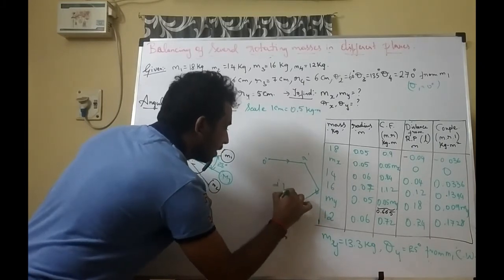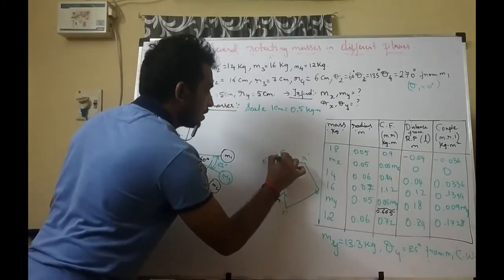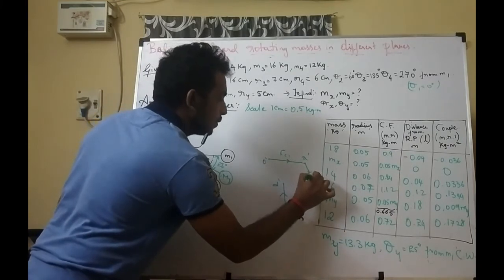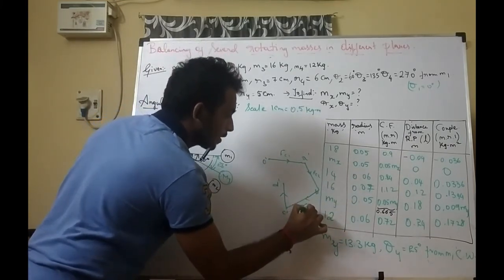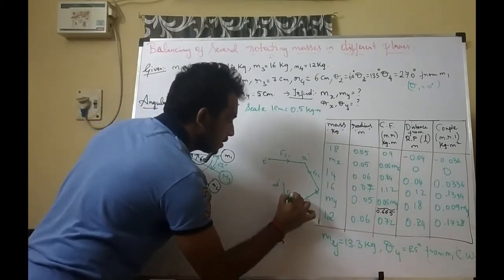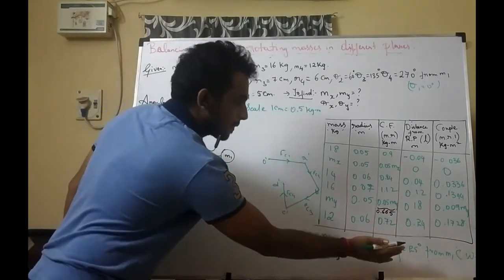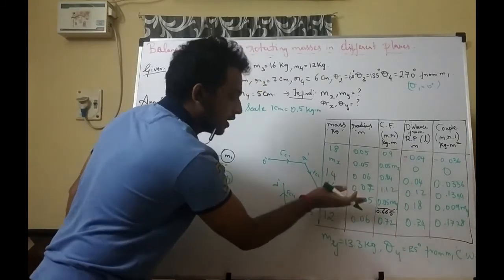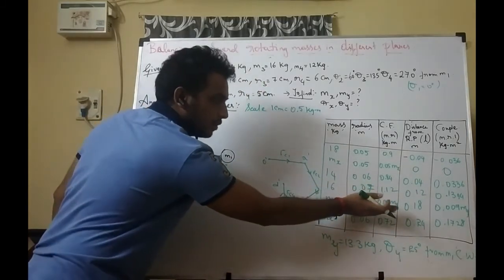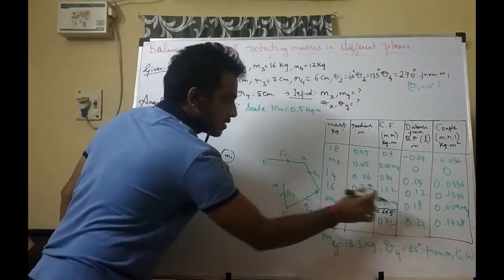For better understanding, we label these as FC1, FC2, FC3, and this is FC4. At last we draw my, the unbalanced mass, whose value we know to be 0.665.